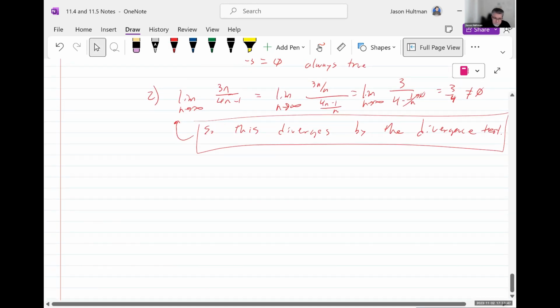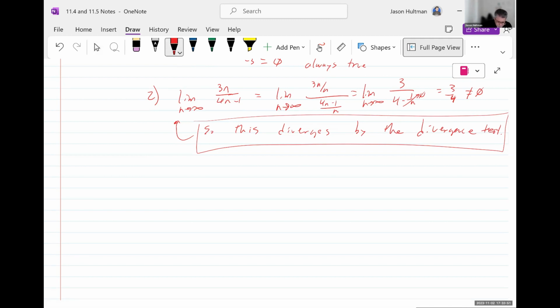Just like with the integral test, we can estimate how close we are with an alternating series. We have the alternating series estimation theorem.